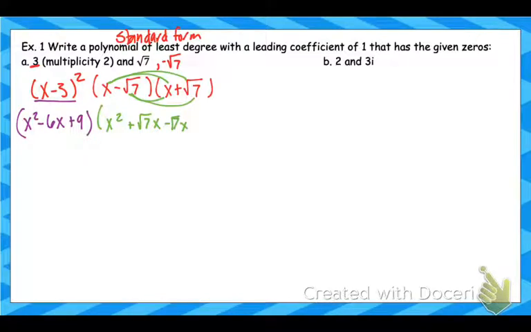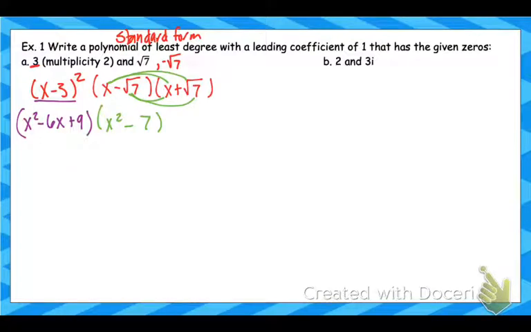And then the square root of 7 times the square root of 7 is just 7, because a square root times itself is just the number inside. I said it looks like a difference of squares because if we take out those middle terms, I've got a positive square root of 7x and a negative square root of 7x. Well, those cancel out. So all I have left for that factor is x squared minus 7.